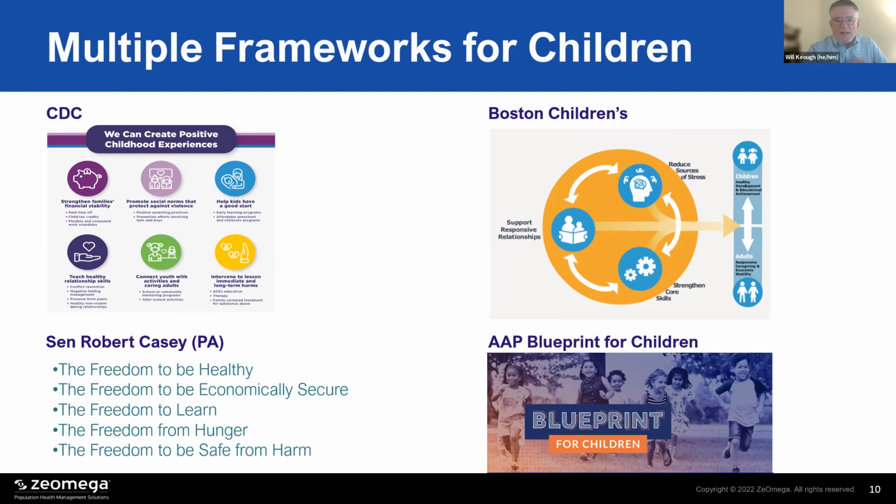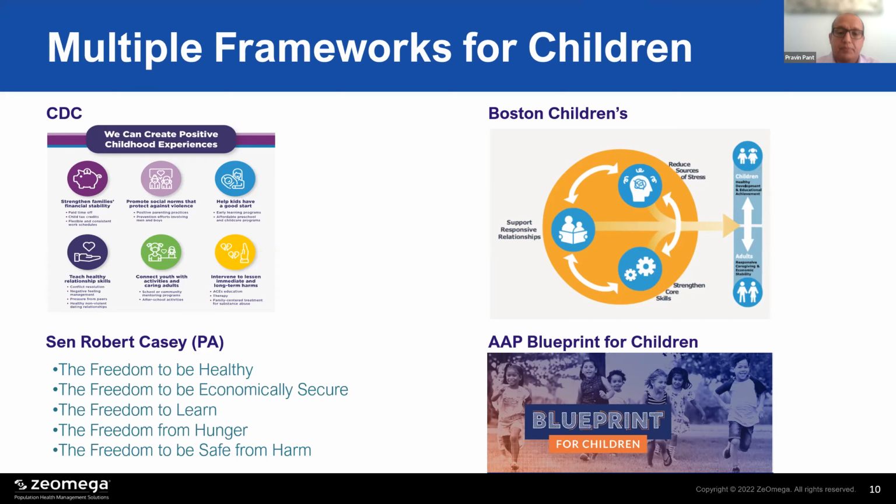And again, it goes back to economic security, food security, health security, focusing on child development. Senator Casey from Pennsylvania has taken that and last year proposed, akin to the famous FDR speech around freedoms, these freedoms for children. So the freedom to be healthy, economically secure, learn, be free from hunger, and be safe from harm as national policy goals.